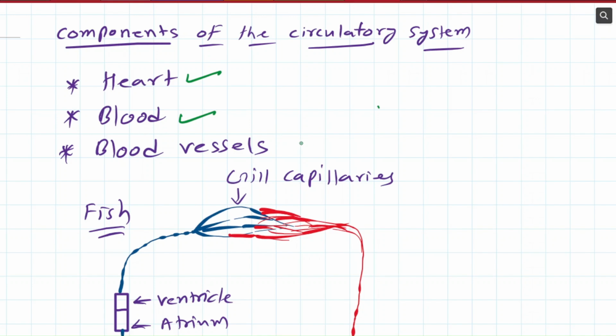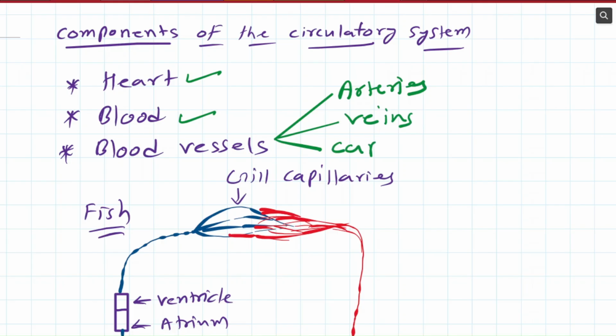The third one is blood vessel. Blood vessels we will do in detail. You will be learning three types of blood vessels, which includes arteries, veins and capillaries.